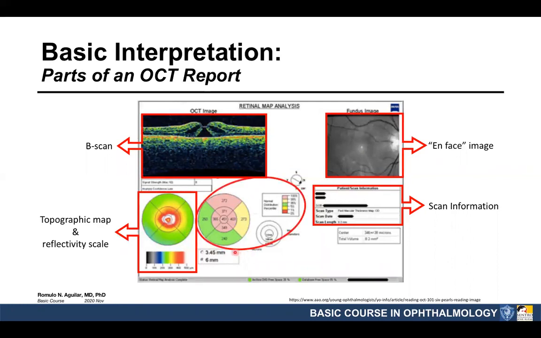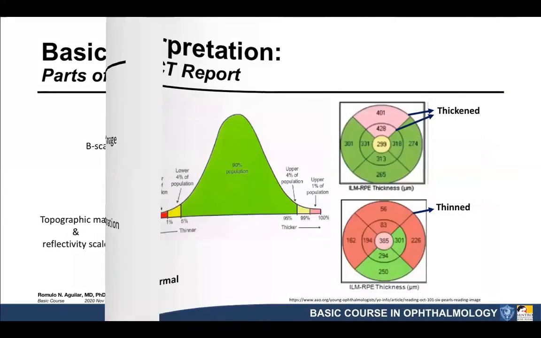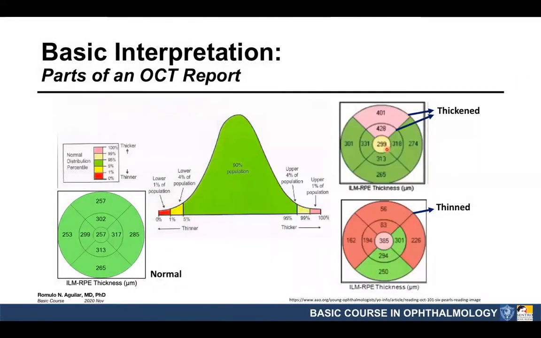Now this one is your retinal thickness map and a certain scale here, which we will describe in more detail in the next slide. So normal retinal thickness will give you all green. There are numbers here which denote the thickness in microns. Now, green would denote that it is within 90% of the normal population. So it's normal thickness. If you see pink, this denotes thickness, and that thickness measurement belongs to the upper 1% of the population.